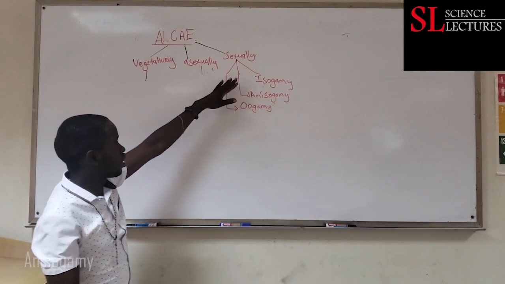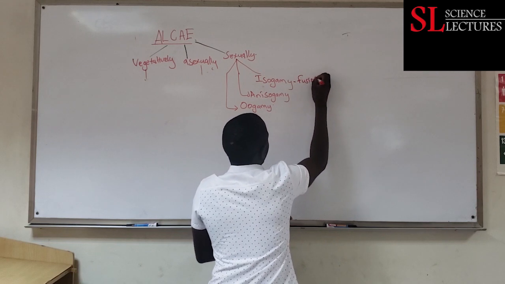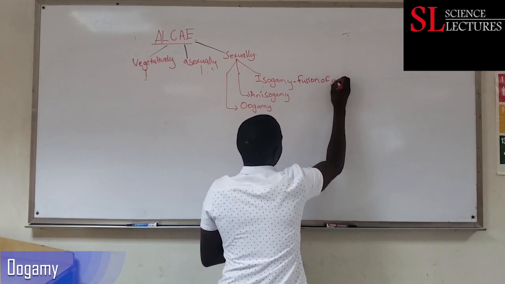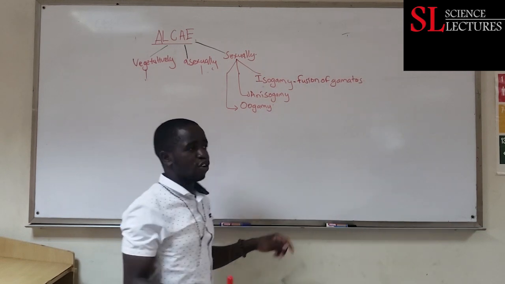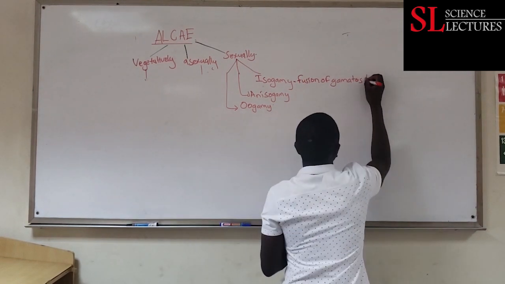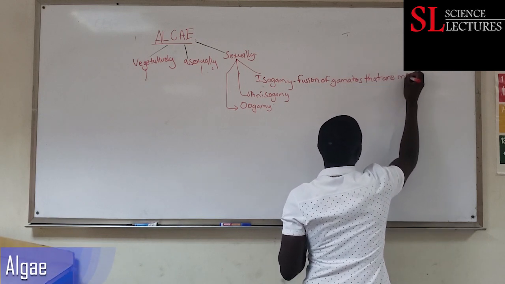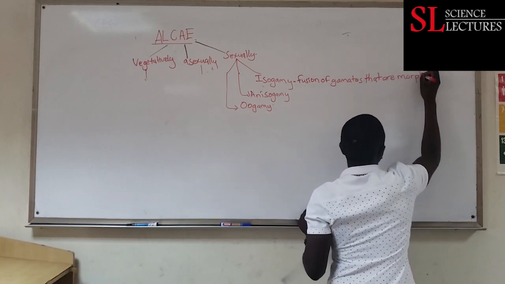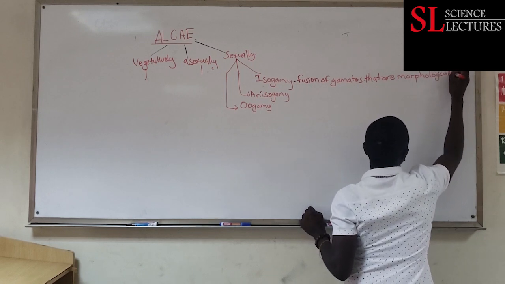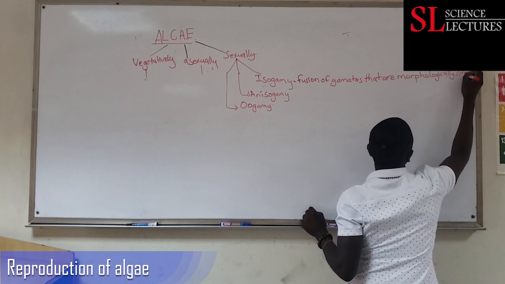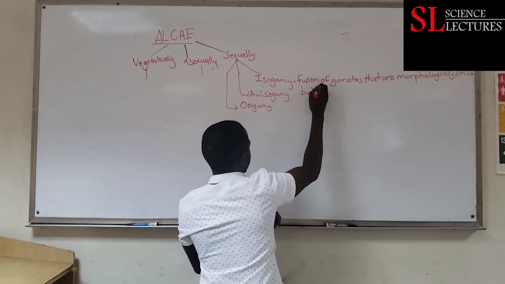So isogamy is the fusion of gametes that are morphologically similar but physiologically different.